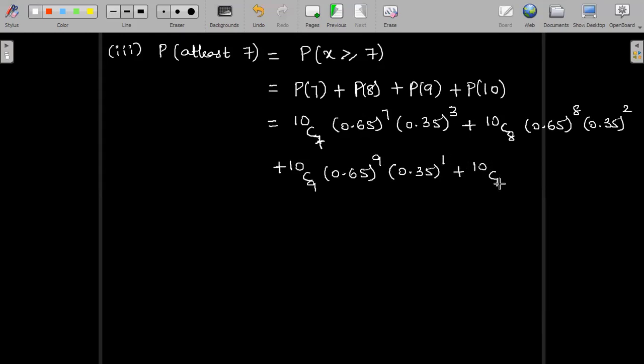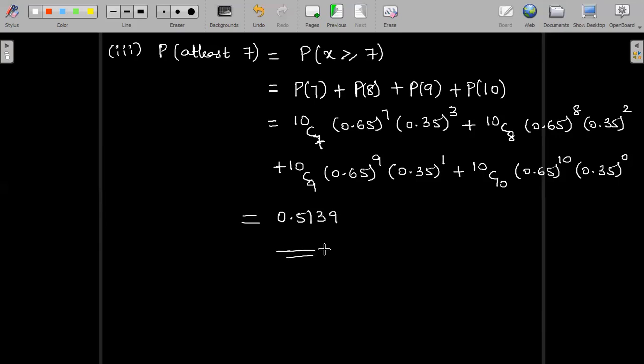The last term is 10c10 0.65 whole power 10 into 0.35 whole power 0, 10 minus 10. So we can just simplify using a calculator, and this leads to the answer 0.5139.